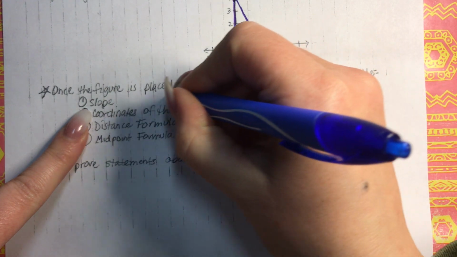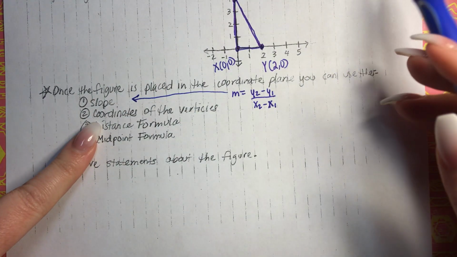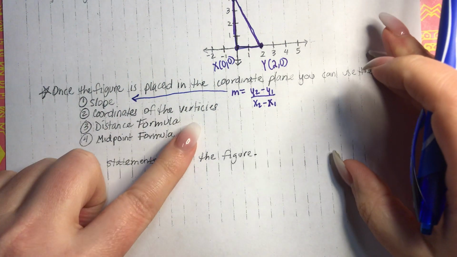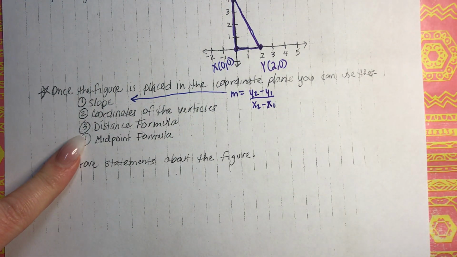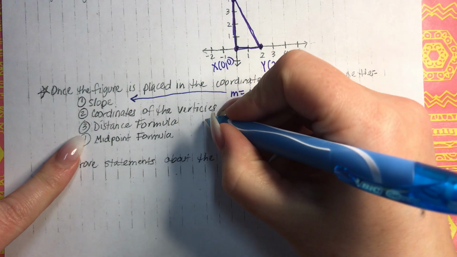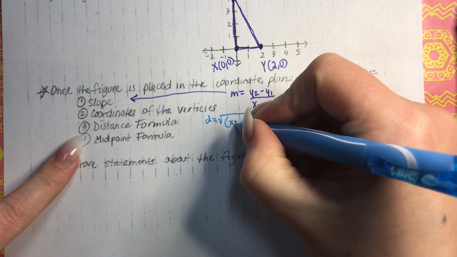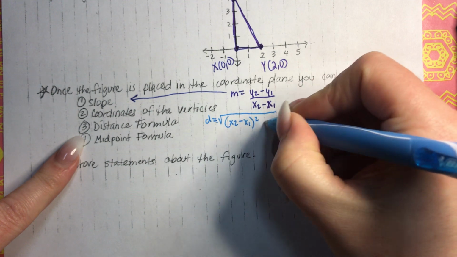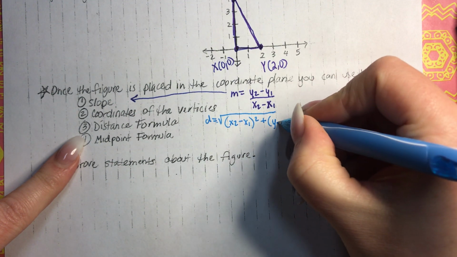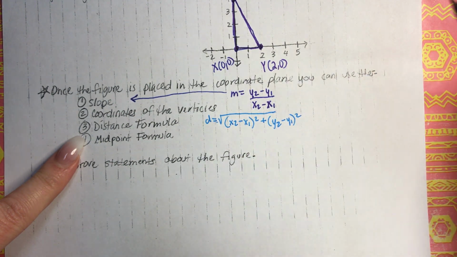That's the slope formula. You can use the coordinates of the vertices. You can also use the distance formula, right? Remember, d equals the square root of the quantity x2 minus x1 squared plus the quantity y2 minus y1 squared.